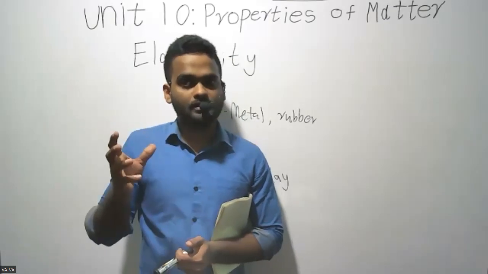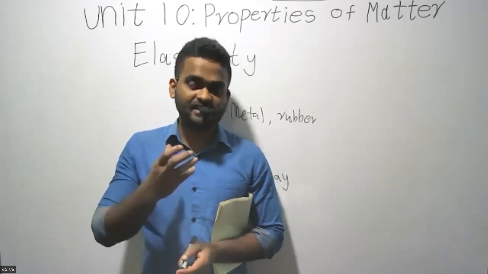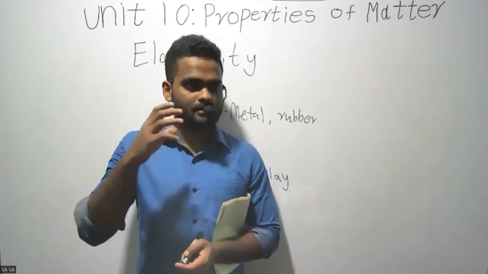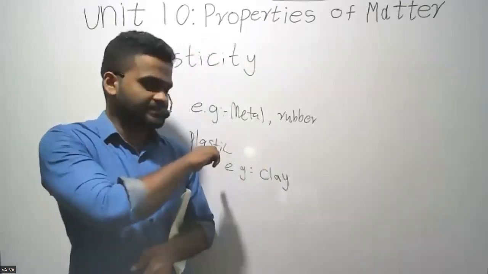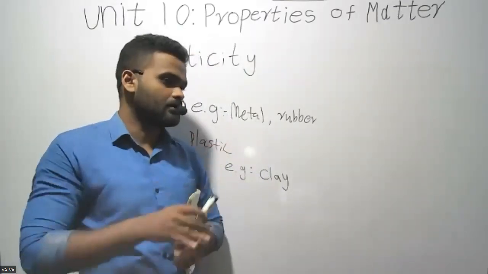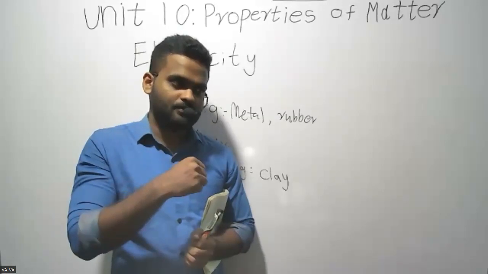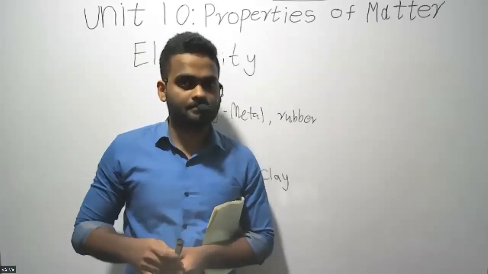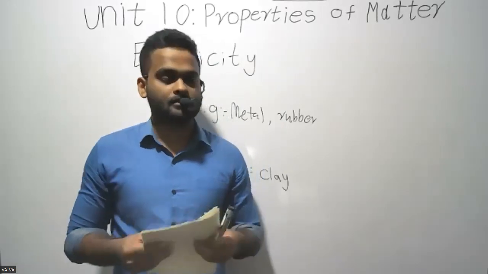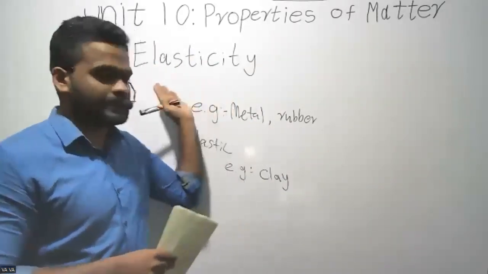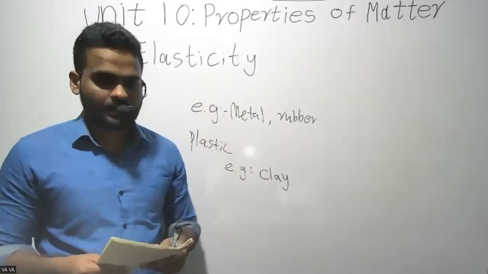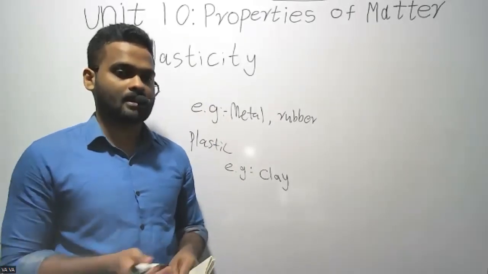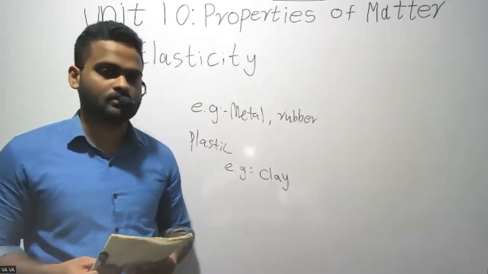So those are called rigid objects, right? But in this lesson, we are talking about the deformation of objects due to forces that are applied. So that is all we talk about in elasticity, right? I think everyone got the notes.